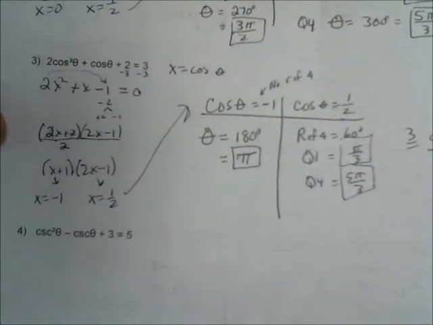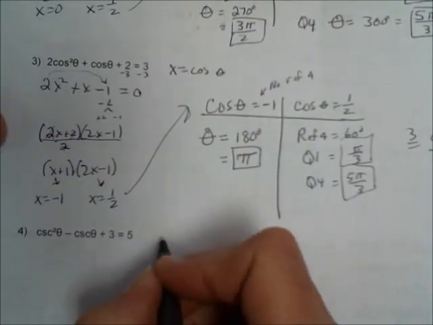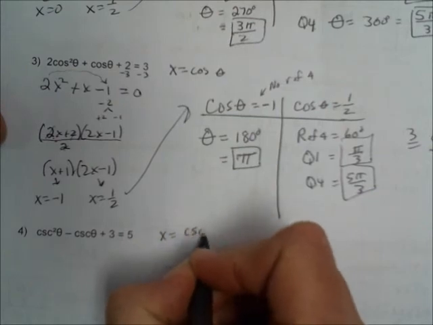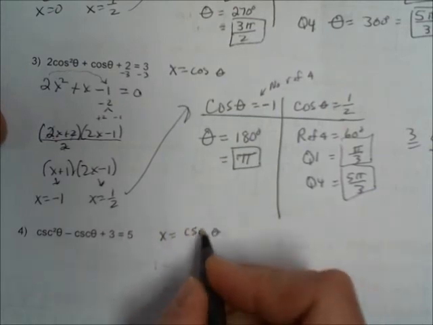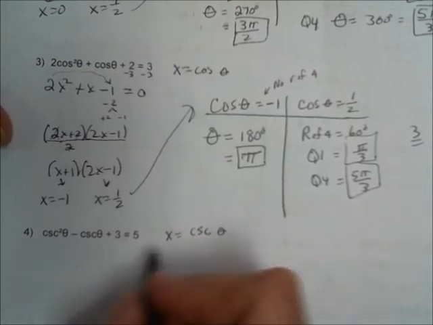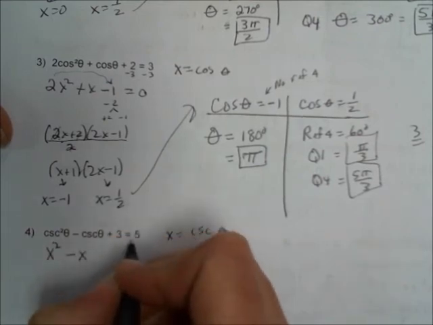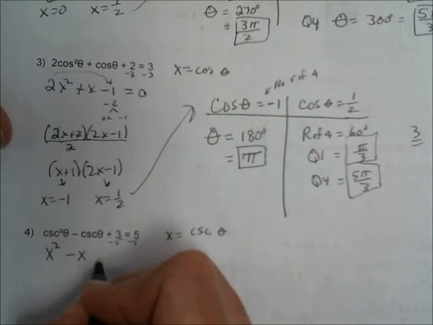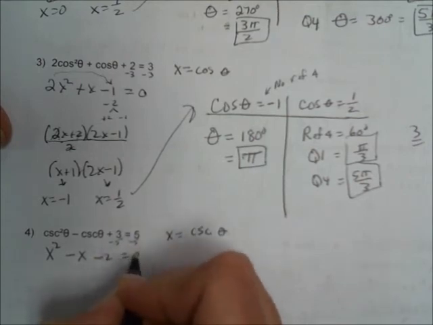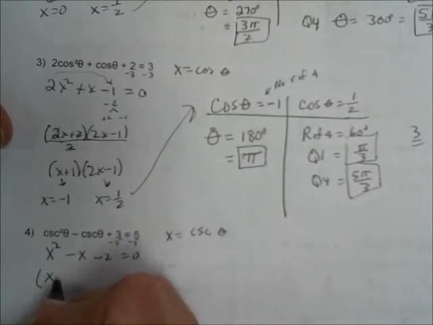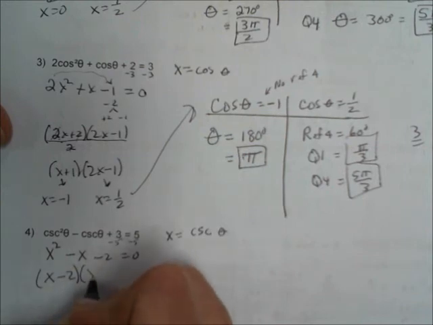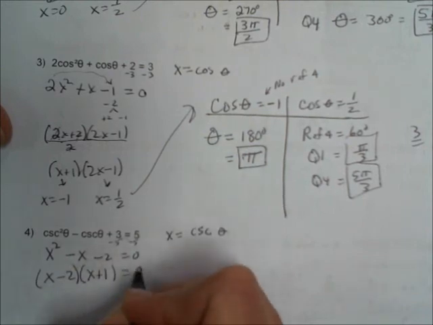And then cosecant. Well, let's let x equal cosecant of theta. Don't change anything until the very end. So this looks like it's x squared minus x. Oh, subtract 5 from each side, and you get -2 equals 0. So it looks like it's x minus 2 times x plus 1 equals 0.